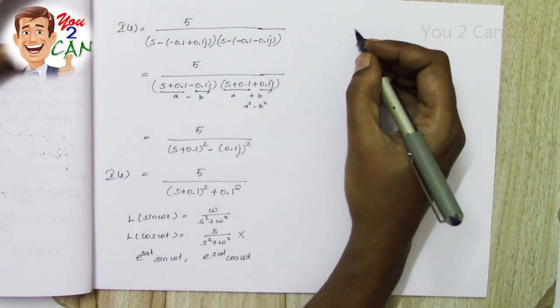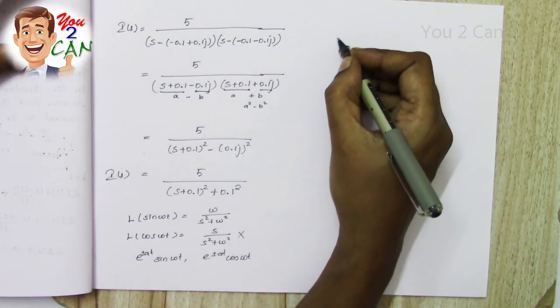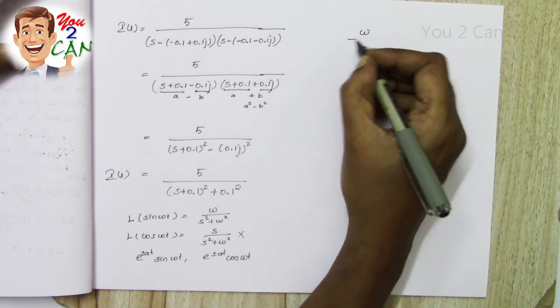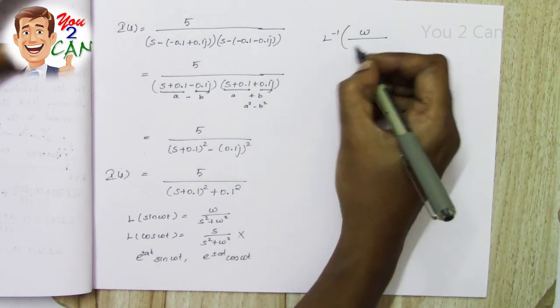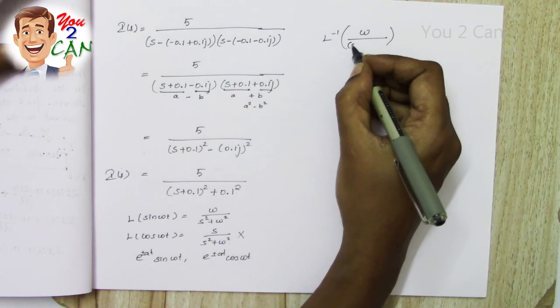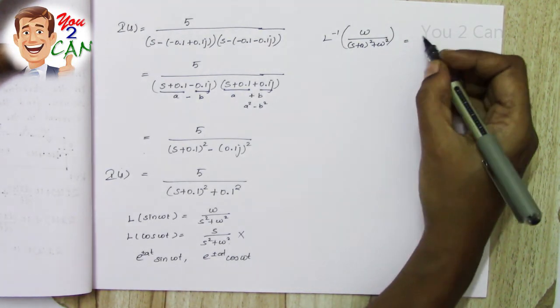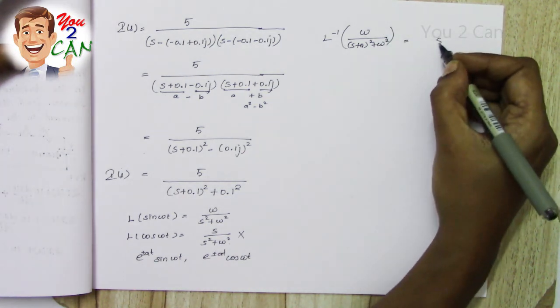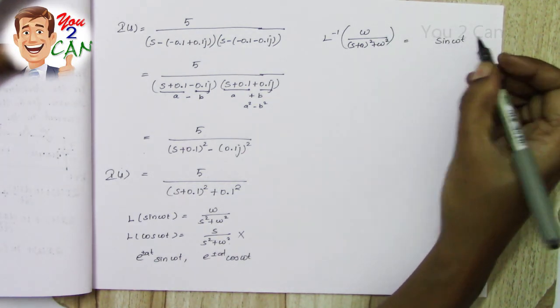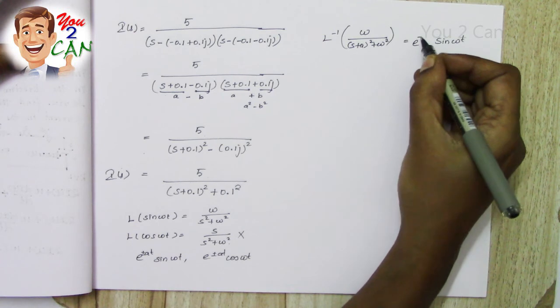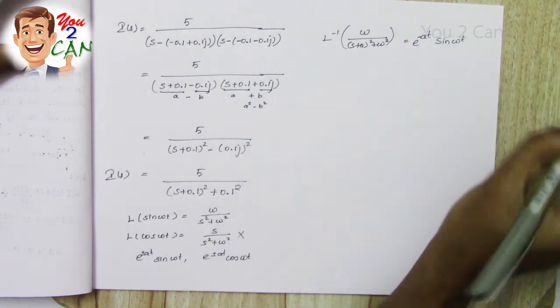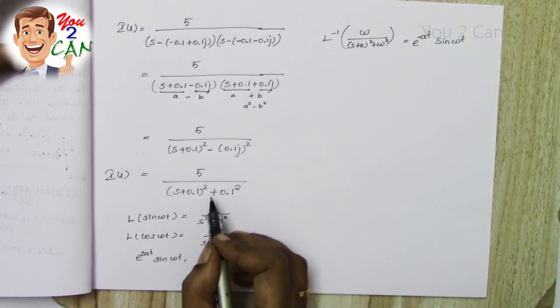So the correct formula applicable to this will be Laplace inverse of omega divided by (s plus a) the whole squared plus omega squared. What is the answer? Sin omega t; s plus a means you will get e power minus at. Just remember this formula. This is also similar to that.